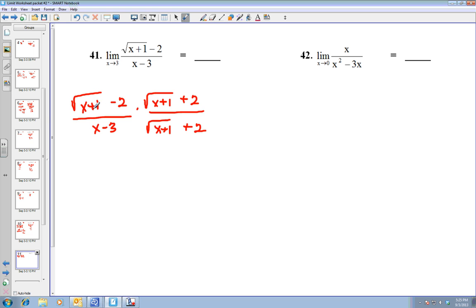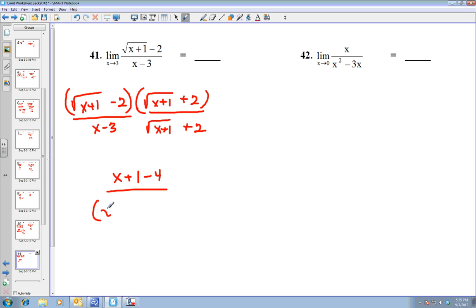Now notice this sign did not change, just the sign outside of the radical. When I multiply the top, the square root of x plus 1 times the square root of x plus 1 is just going to give me x plus 1, because remember, we're actually FOILing these. My middle terms would cancel, and I end up with minus 4, negative 2 times 2.